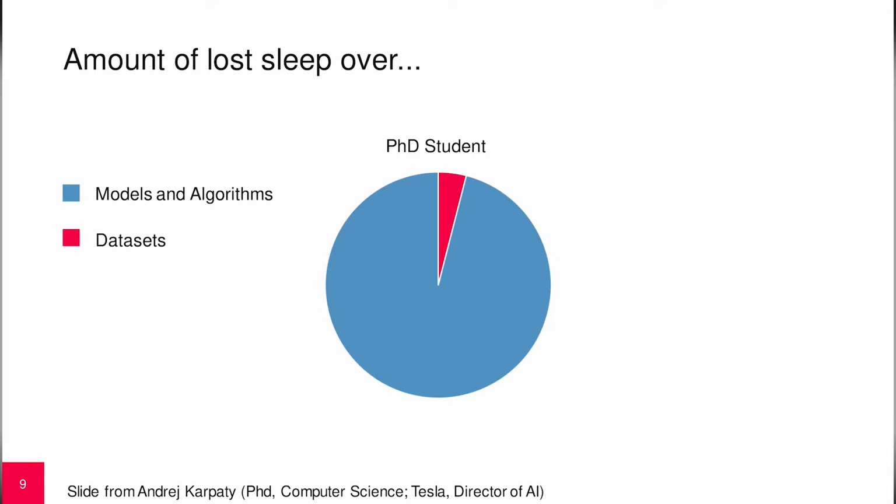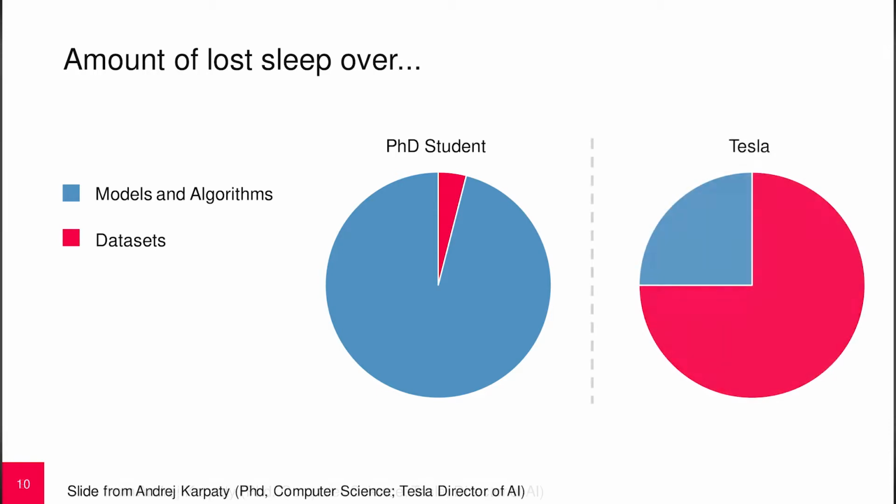And as a PhD student, as you can see from this sketchy plot, most of the time, of course, he was thinking about models and algorithms. But now, as a director of AI at Tesla, it's the other way around. Most of the sleep he's losing is due to data sets.